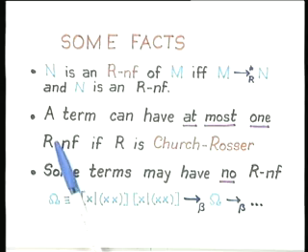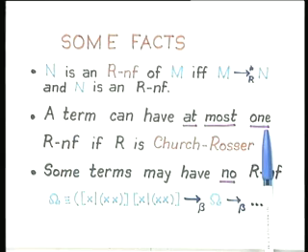Yeah, and the important thing about Church-Rosserness is just this, that a term can have at most one normal form for any reduction basis R if that reduction basis is Church-Rosser. It may not have any.